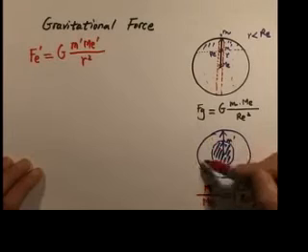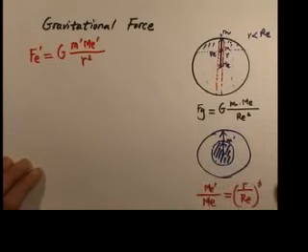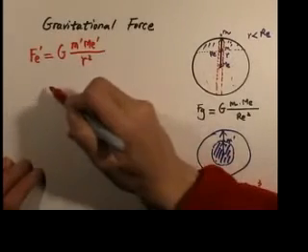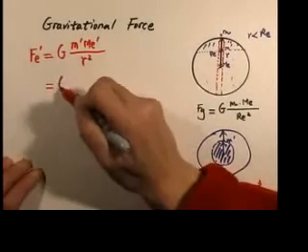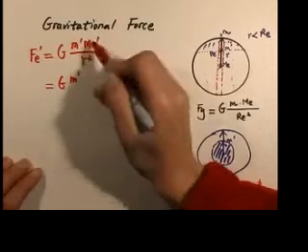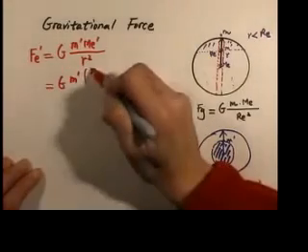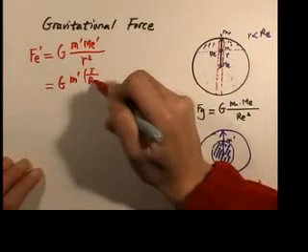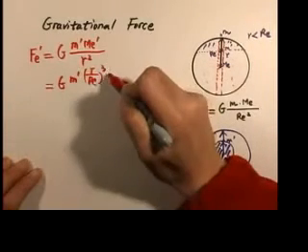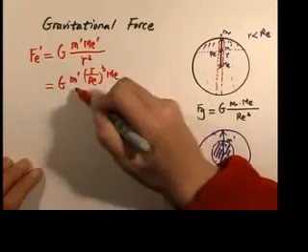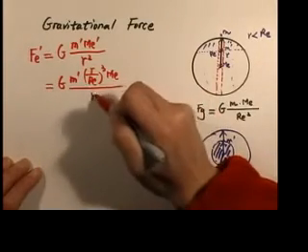The outer layer, the force cancels out. So if we plug in what we have for M_E prime, which comes from here, that is little r over R_E cubed times the mass of the Earth, divided by r squared.